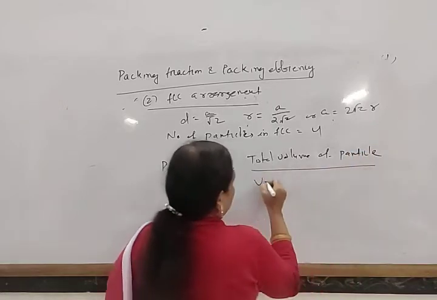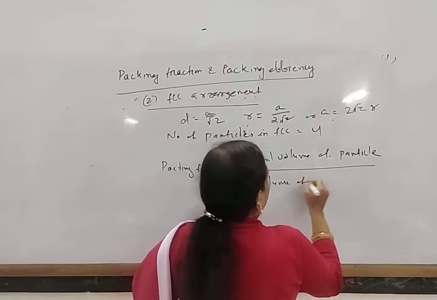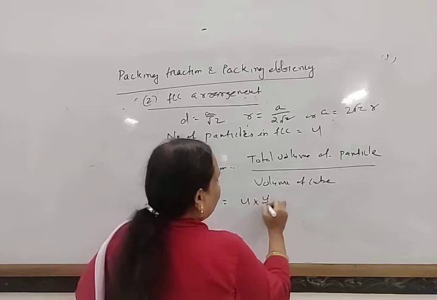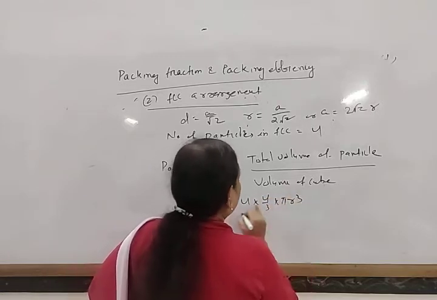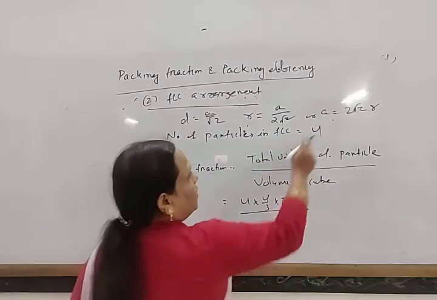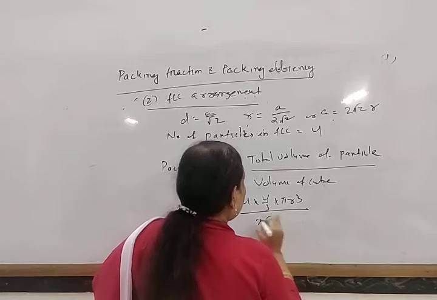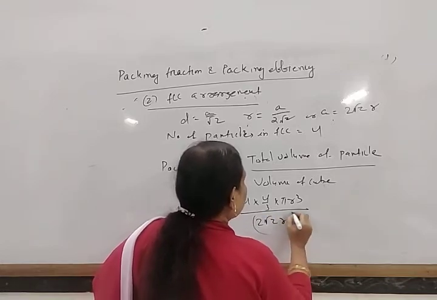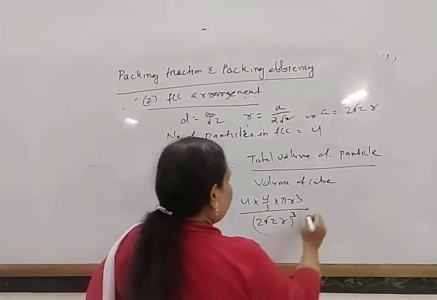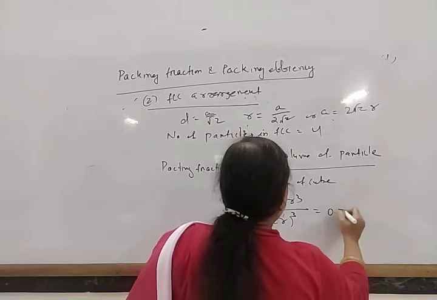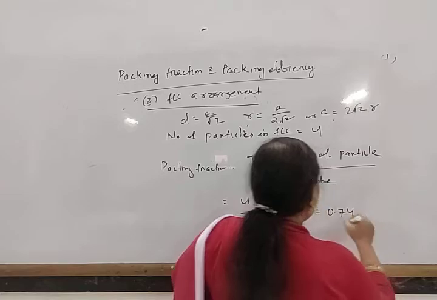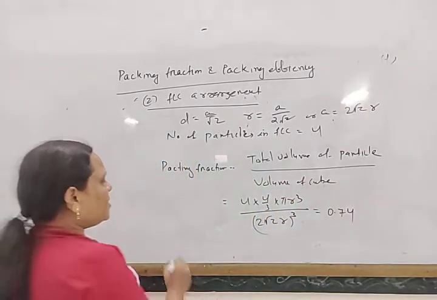Divided by volume of cube. So what is the total volume? 4 into 4 by 3 pi r cube divided by a cube. So a cube means 2 root 2 r cube. So derive all this value and you will find out this value is 0.74.